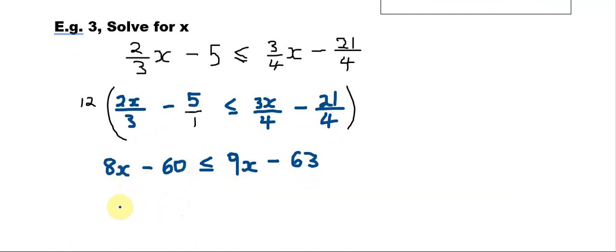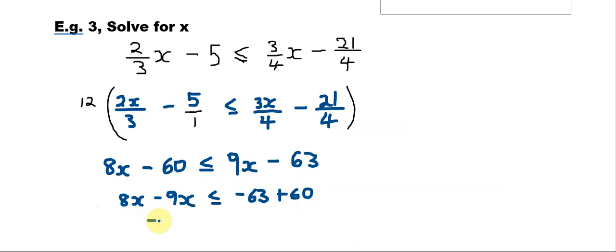So let's see if we can group like terms and solve this once and for all. So we have 8x minus 9x is less than or equal to negative 63, and when we carry over that negative 60, it will become positive 60.